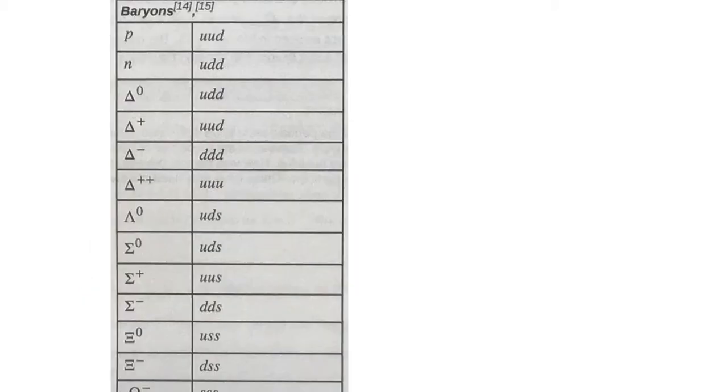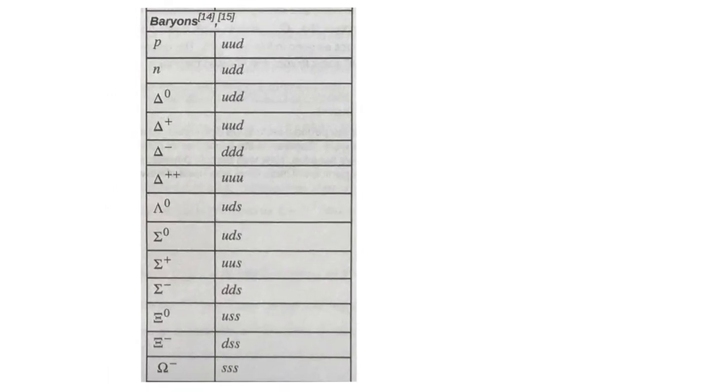So here is a table of the baryons that we have referred to in earlier video lessons, and as we have learned, baryons are made up of 3 quarks, and depending upon the composition of the flavor of quarks that particular baryon has determines what type of baryon it is.